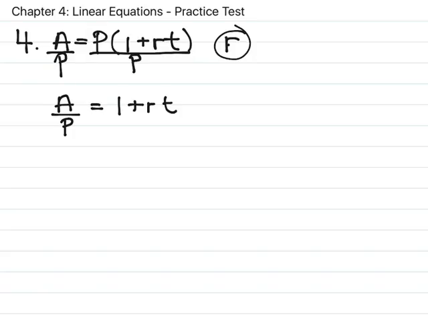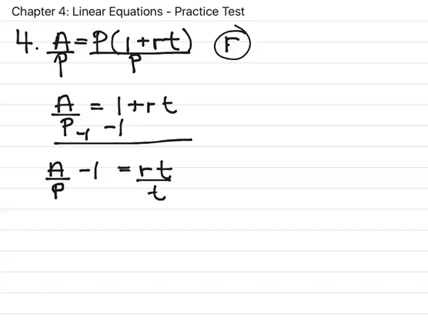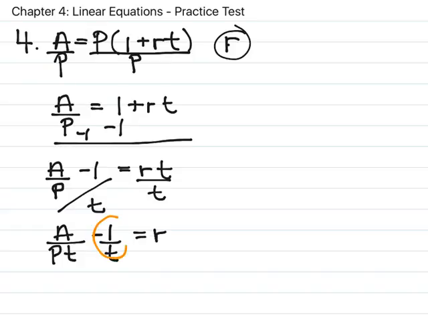So I'm going to subtract 1 from both sides, which will leave us with A divided by P minus 1 is equal to RT. And we're going to divide both sides by T, which will give us A divided by PT minus 1 divided by T equals R, which can be simplified if we multiply this by P so that we have a common denominator.